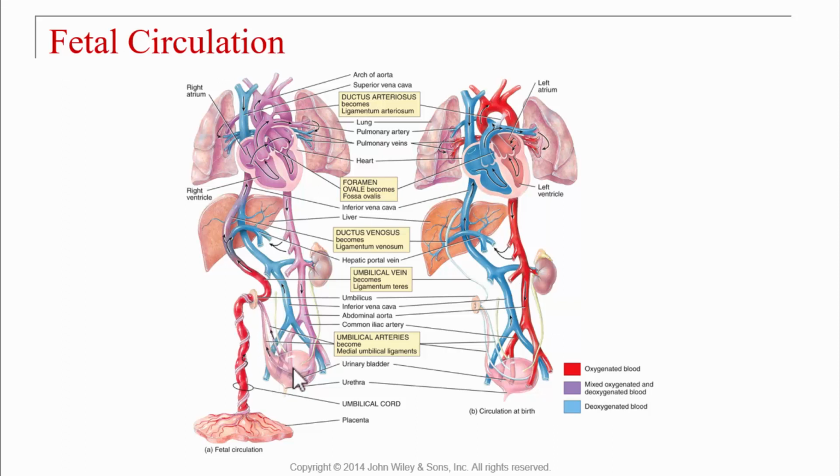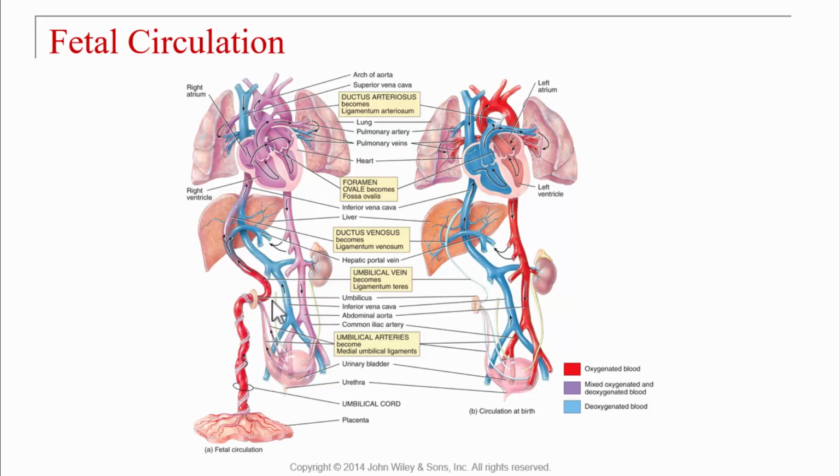Now, after the child is born, that urachus closes down, and that's kind of important because some people have what's called a patent urachus, which means if they put some excess pressure on the bladder, that urine can actually travel up this urachus, and you can leak urine out of your belly button. Okay, but typically that will close off and it'll become an umbilical ligament.